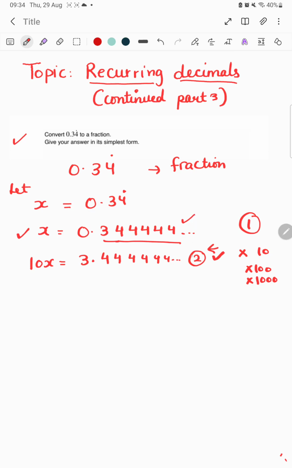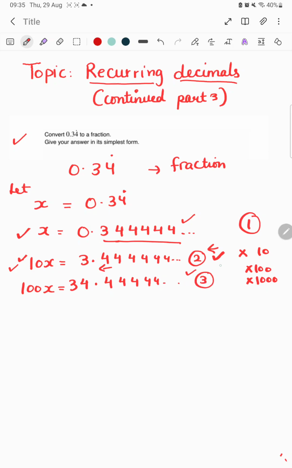When I compare the decimal part of equations 1 and 2, they are not the same. So I need to multiply the first equation by 100, or the second equation by 10. If I multiply the second equation by 10, it will be 100x, because 10 multiplied by 10 is 100, and the digit 4 will move towards the left, so it will be 34.44444 and so on.